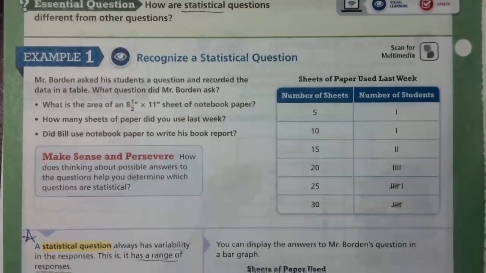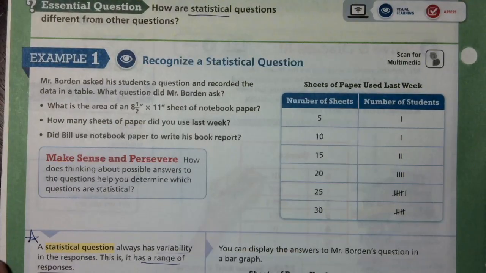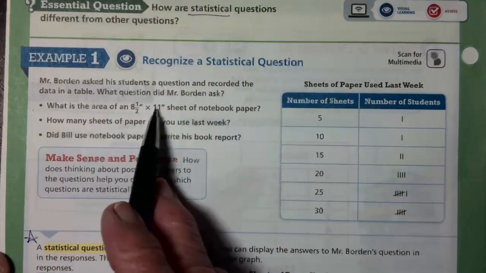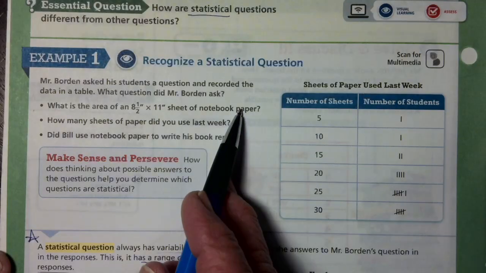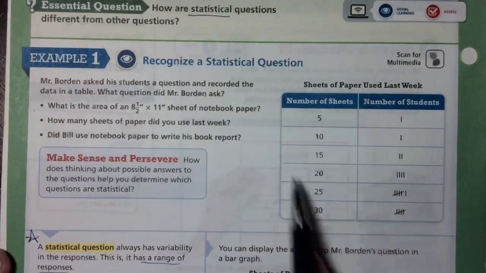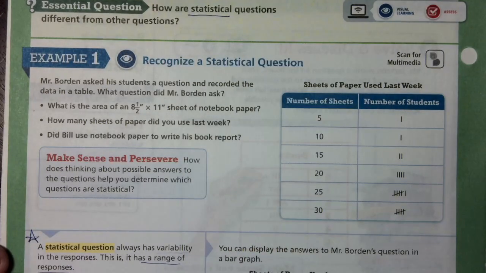Go back to example 1. Mr. Borden asked his students a question and recorded the data in a table. What question did Mr. Borden ask? What is the area of an 8.5 by 11 sheet of notebook paper? Does that just have one answer? It does. There's only one right answer to that, so that can't be it. How many sheets of paper did you use last week?